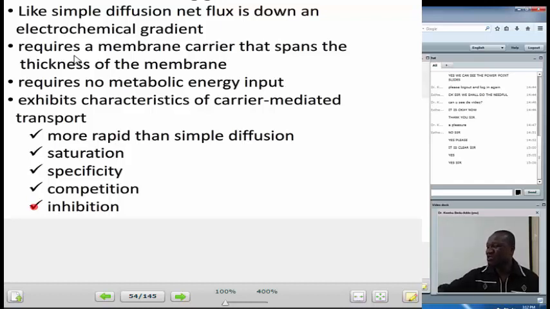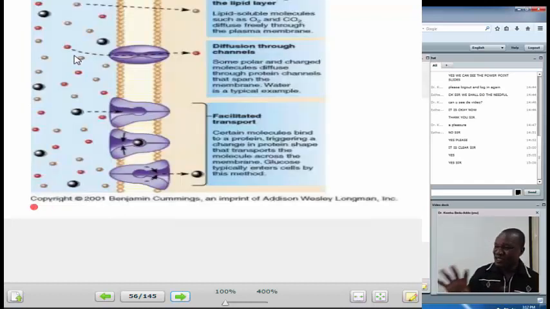Once it binds to the carrier, it inhibits it. This particle will not compete with the carrier for its binding parts. It just binds to the carrier anyhow and inhibits the carrier. So the presence of that particle alone can inhibit the activity of the carrier. So this is facilitated diffusion.